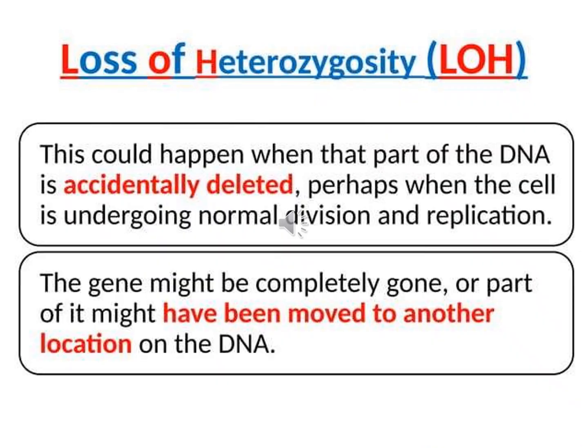Now, loss of heterozygosity, or LOH. This is a genetic event in which a cell that was originally heterozygous, that is, with two different alleles at the locus, loses one allele, resulting in functional hemizygosity or homozygosity.